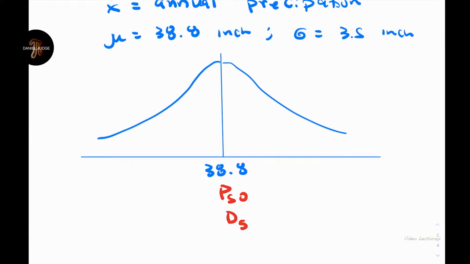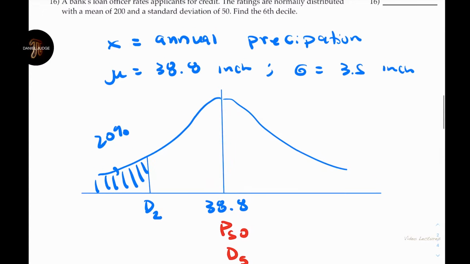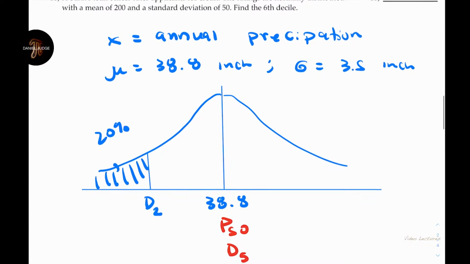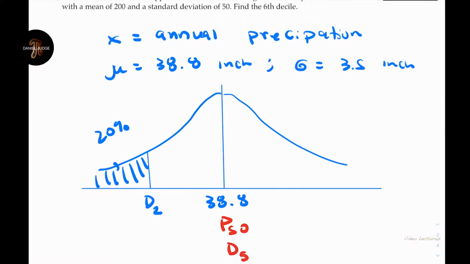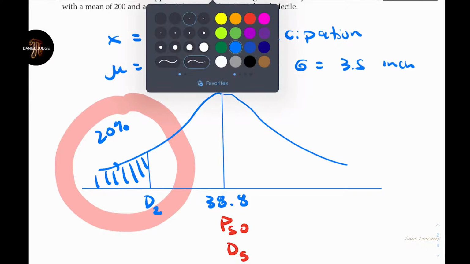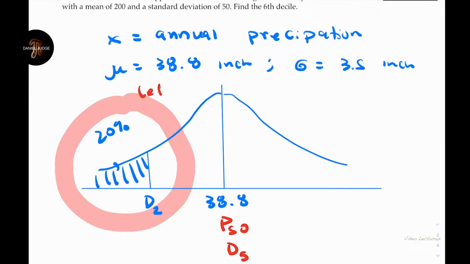So that means D2, 20th percentile, has to be to the left. 20% of the bell is shaded here, and that's a left tail. So there's our D2. They want to know what that value is.